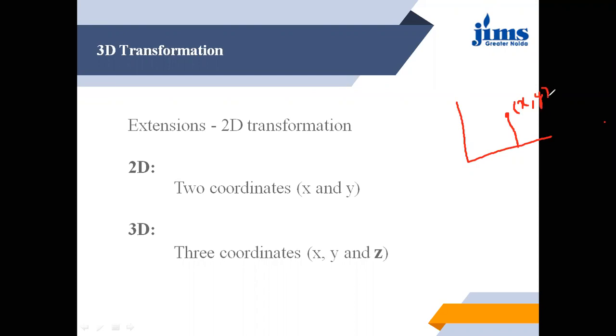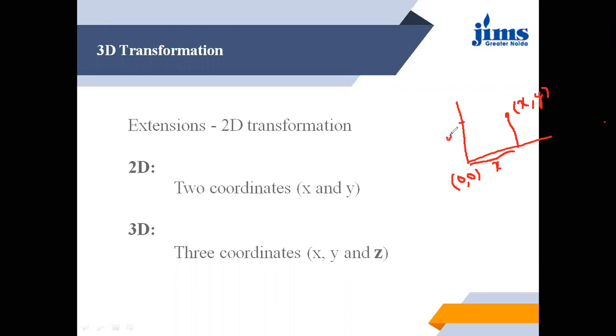It means if this is the origin 0 and 0, then the distance of this object from the origin on the x-axis is x, and the distance from the origin on the y-axis is y.